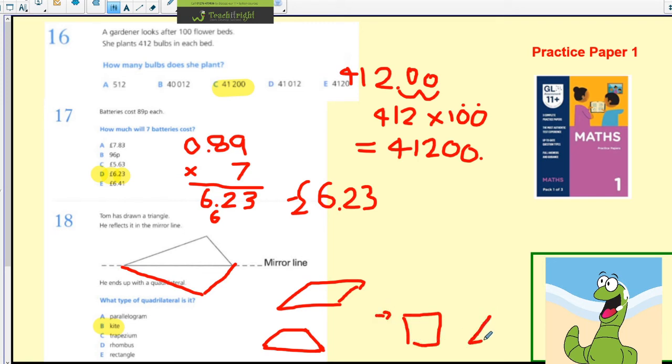So again, a rhombus has 2 sets of parallel lines, but a bit like the square, all the sides are the same length. And a kite obviously has no sets of parallel lines, but it has 2 matching lengths. So these 2 are the same length as these 2 are the same length. There's your definitions for your shapes that are worth knowing.